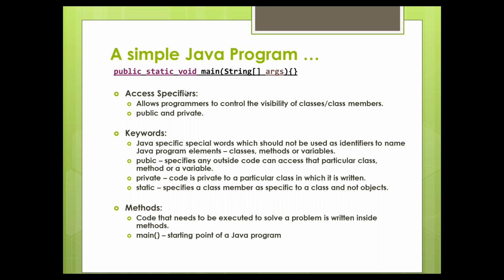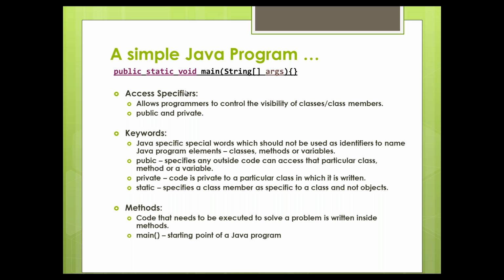Now the next one is static. What do you mean by static? It requires its own session to be explained fully. In simple terms, there are things called instance methods and there are things called static methods.